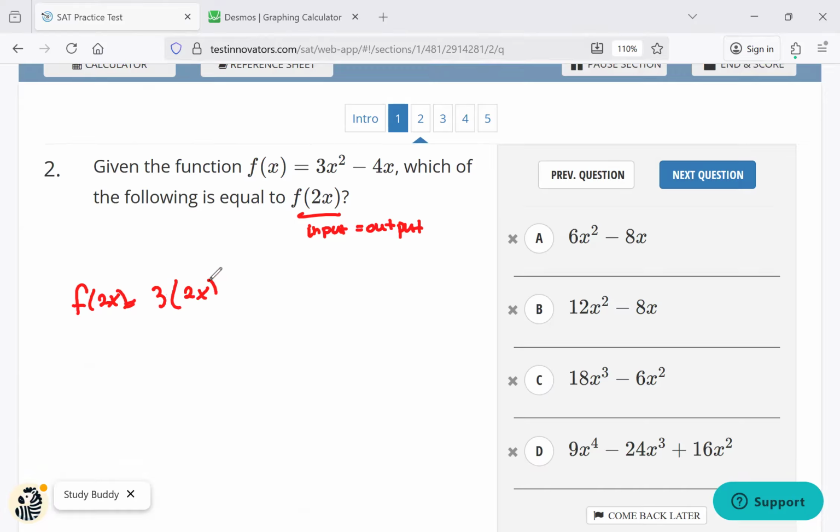So that's going to be 2x squared minus 4 times 2x. 2x squared is 4x squared, times 3, that's 12x squared, minus 8x. So it's B.